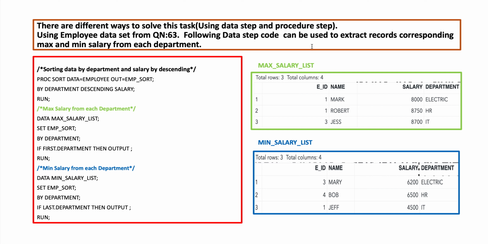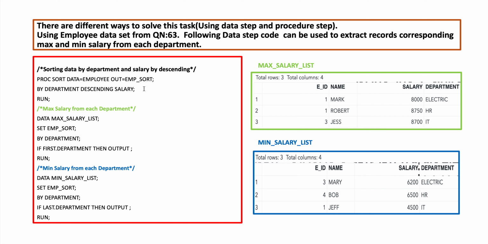Before using the first and last variable, which is called the data step method, we have to sort the data. That's why first of all we are going to sort the employee data, and the output dataset name is emp_sort. Sort by department, descending salary, and run.